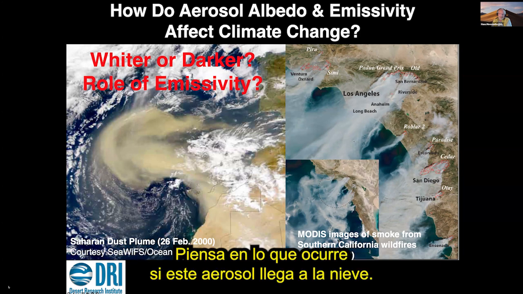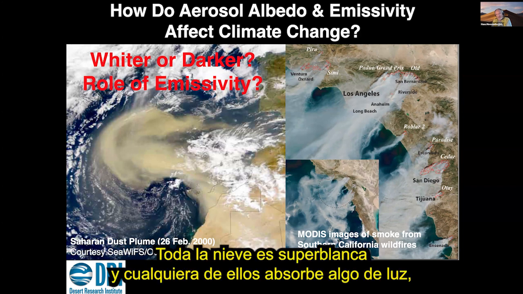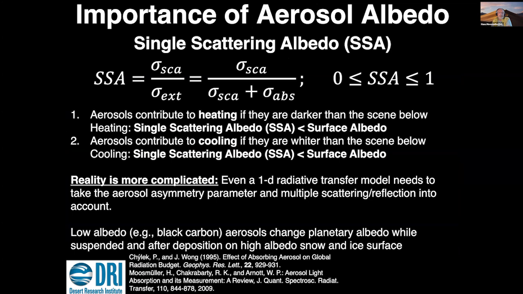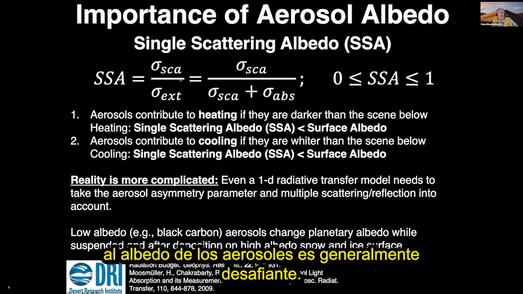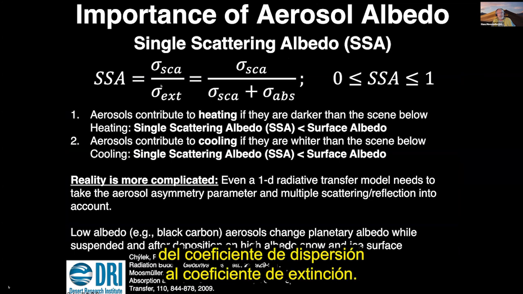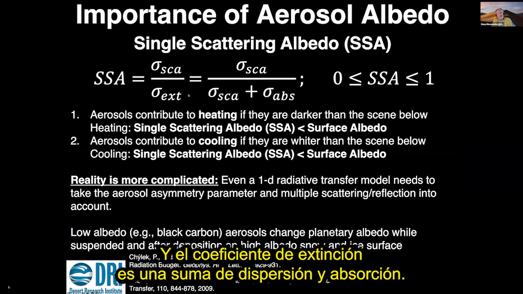Now let's think about what happens if this aerosol gets on snow. Well, snow is super white, and either of them absorbs some light, so they will cause heating on the snow and lower the albedo. So aerosol albedo is generally defined, we call it single scattering albedo, as a ratio of the scattering coefficient to the extinction coefficient, and the extinction coefficient is a sum of scattering and absorption.